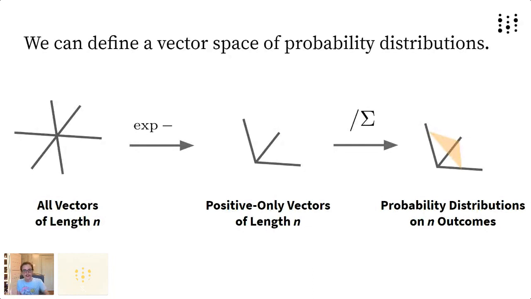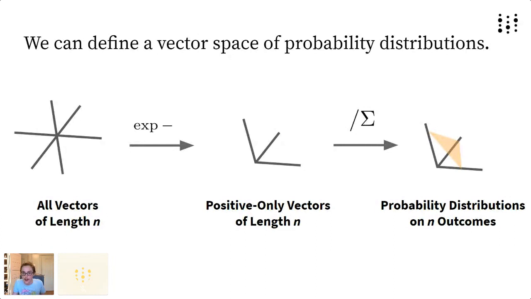And so I take the negative logarithm to turn them back into just a generic vector of length n, and then I add them together. That allows me to define a notion of vector addition for probability distributions. And I can do the same thing for scalar multiplication.